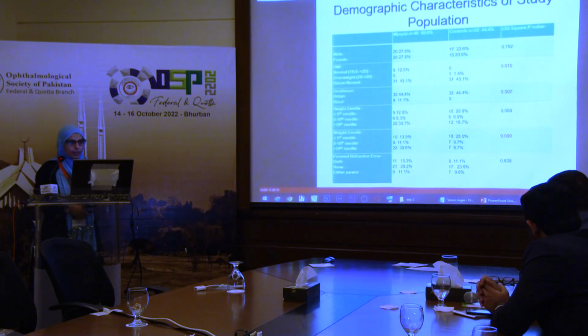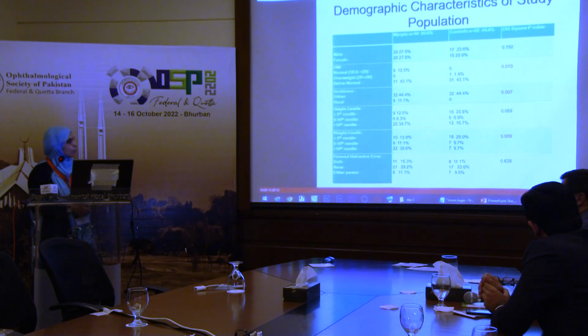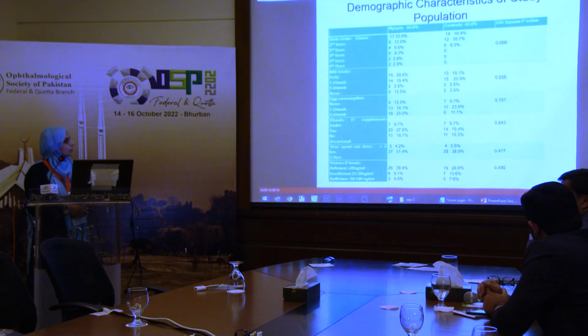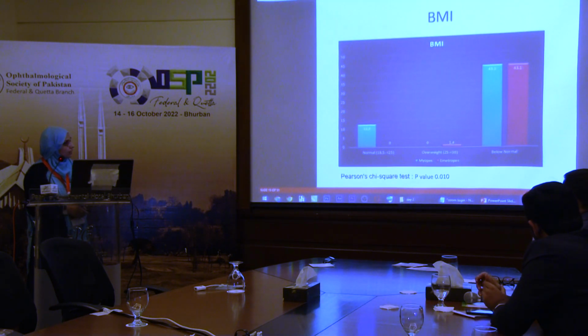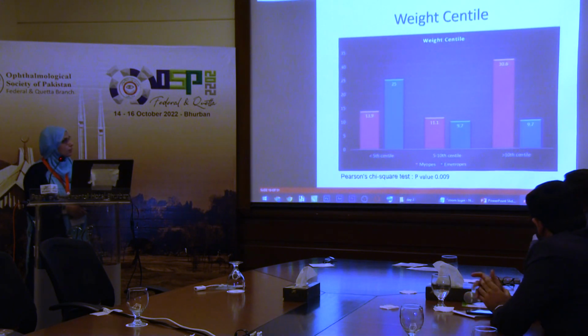We compared the various demographic patterns and dietary habits of the myopic and control populations, and we did not find any significant association other than the anthropometric measures that I've already mentioned, that is BMI, weight and height. We can see it here. BMI of the myopic population was relatively better as compared to the non-myopic.